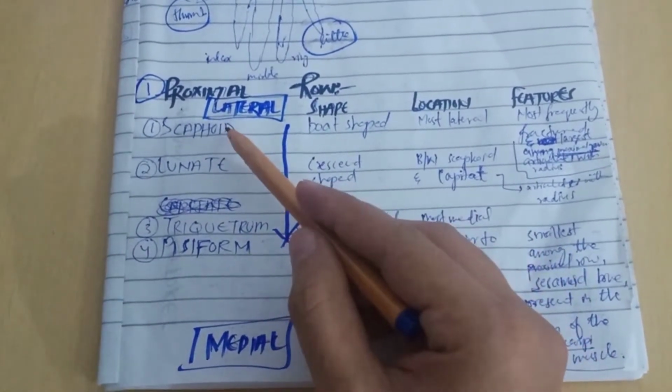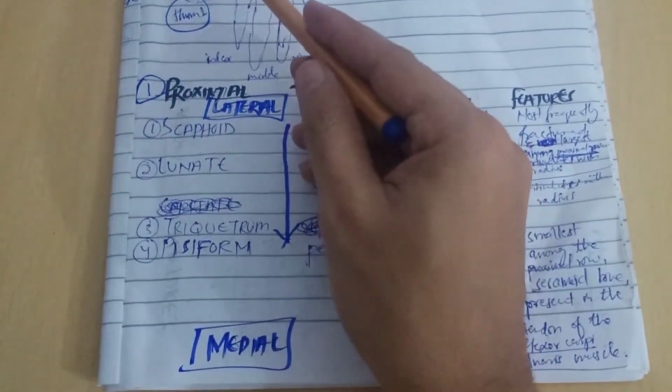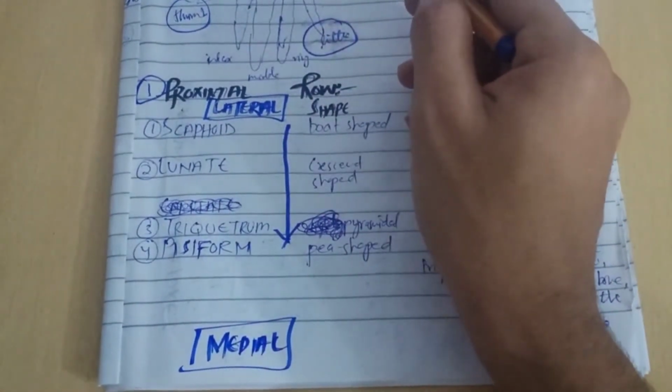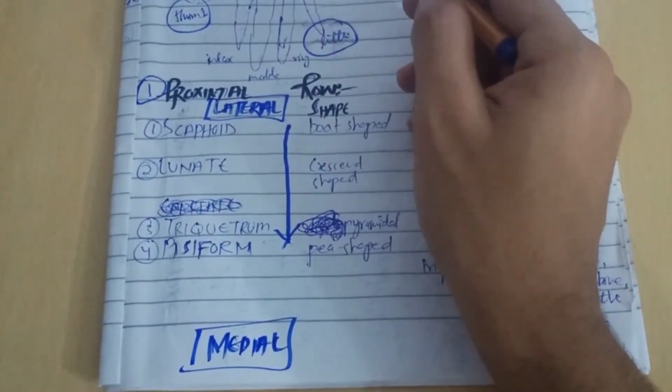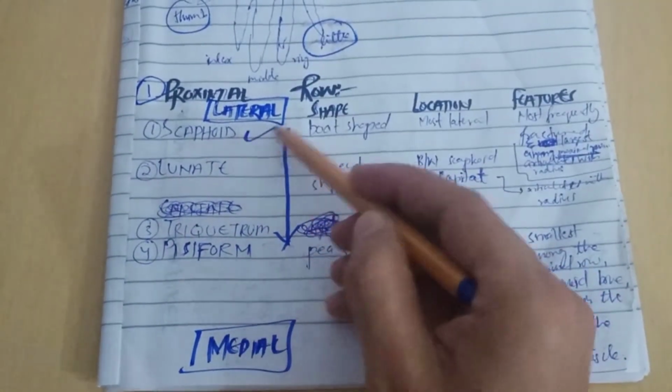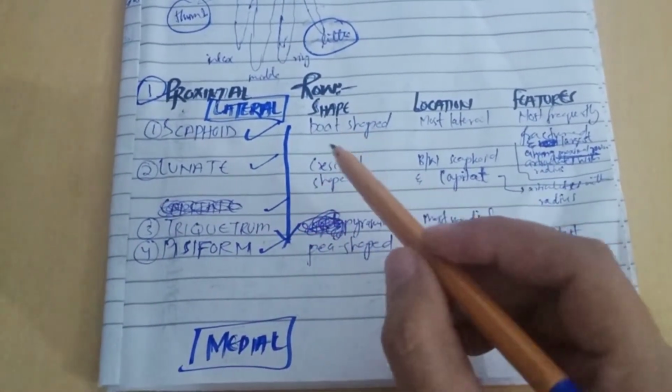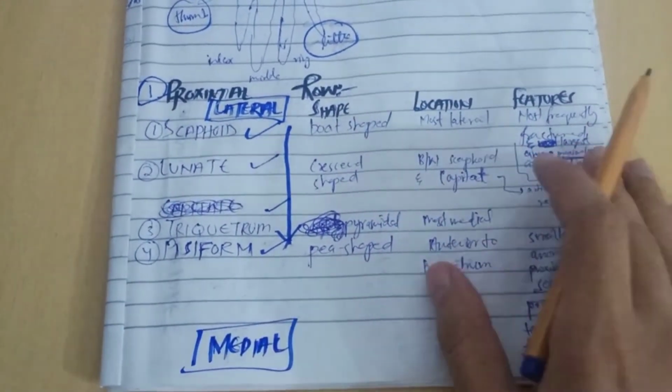The first is scaphoid, which is present on the lateral side, then the lunate, then the triquetrum, and then the pisiform. So the first bone is the scaphoid, second is the lunate, third is the triquetrum, and the fourth is the pisiform.